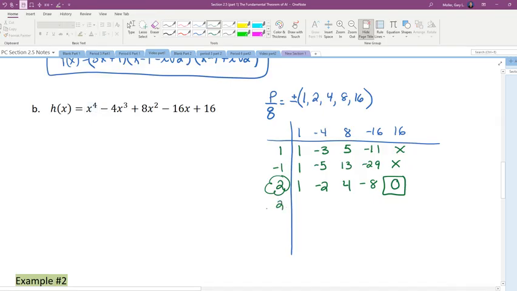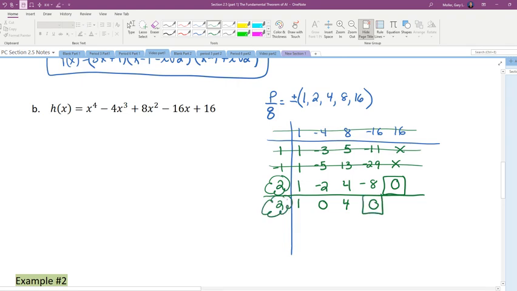But again, this time in stacked, we're not going to pay attention to the original or this or this. Our work is now happening right here. So bring down that 1, makes 0. 0 makes 4. 2 times 4 is 8, makes 0. Sure enough, the 2 worked again.